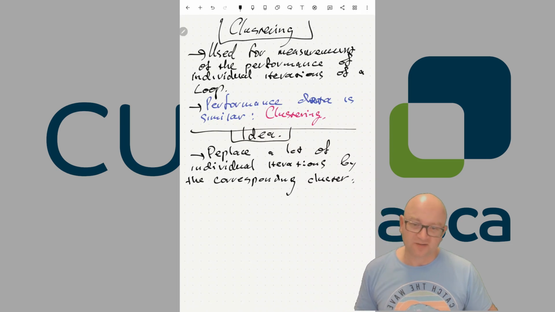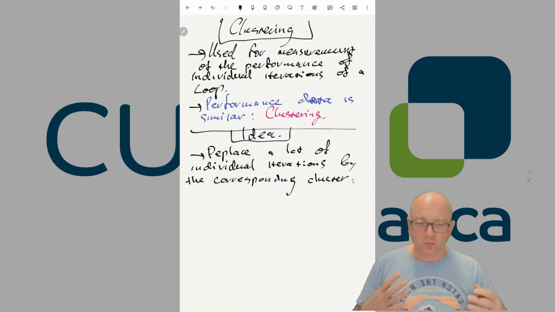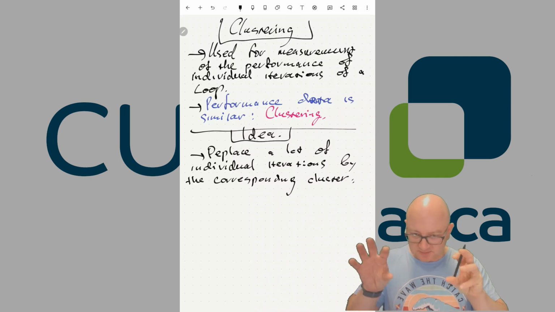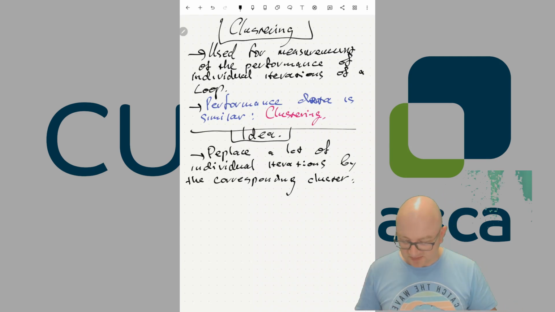And because we usually have many more iterations than used clusters, or these similarity blobs, we reduce the required memory and file space and so on.